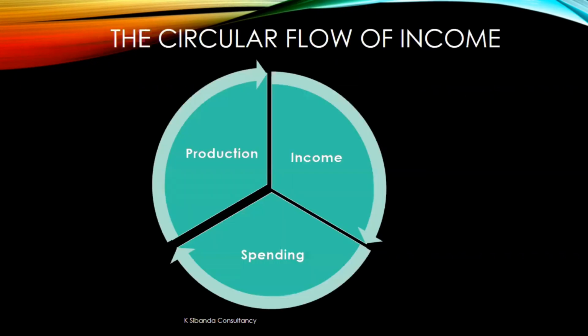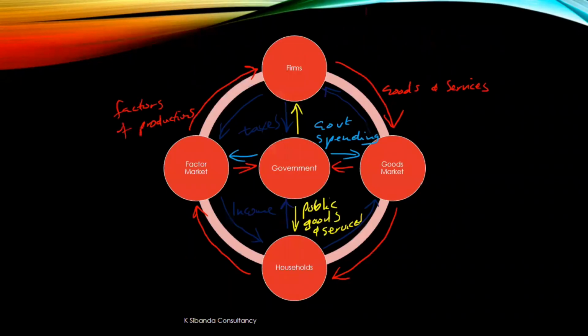Remember, here we were saying the firms interact with the owners of the factors of production in the factor market. And then they also interact with spenders, households, consumers in the goods market. And then we also say in that economy, we've got the government that is usually regulating things. So it now takes us to this diagram.